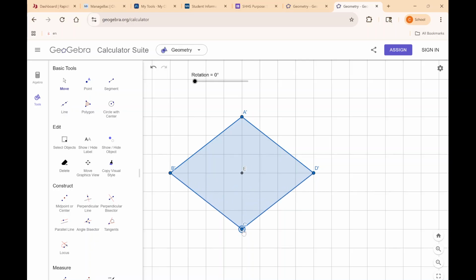And for both these, 3 down, 4 over. So there is our rhombus. Let's try our rotational symmetry. And once again, it's 180. And then that's it. We don't get rotational symmetry after that.